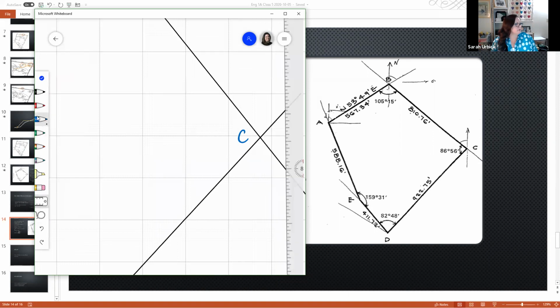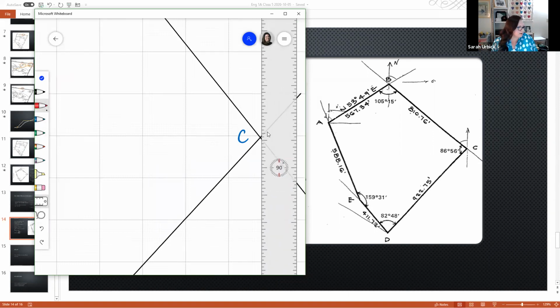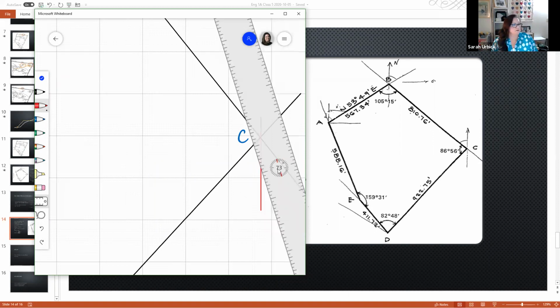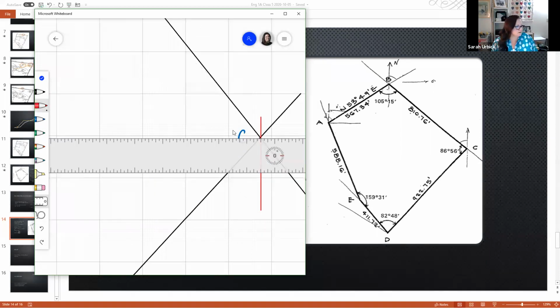Get out our ruler. Use my little red line. I'm going to draw a vertical. I'm going to draw a horizontal. All right.